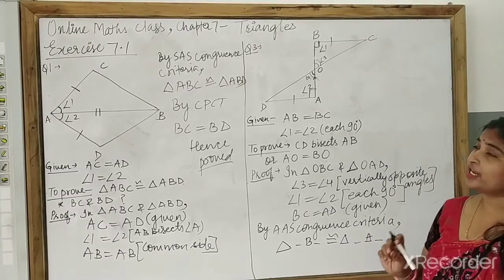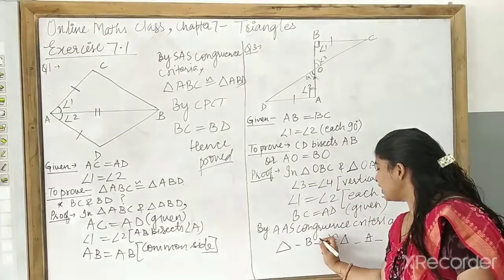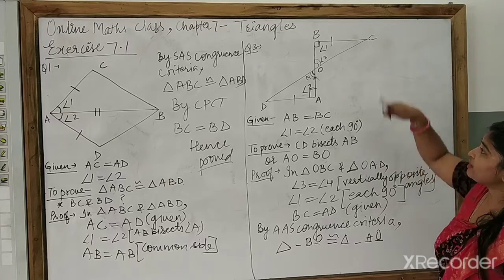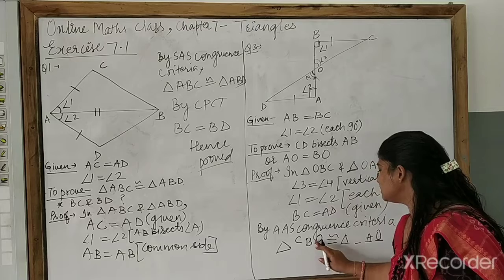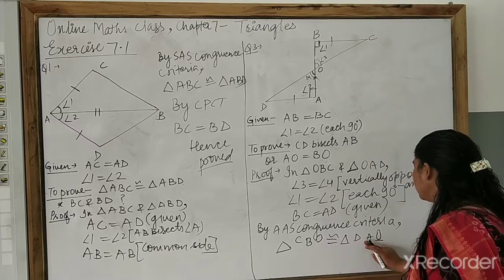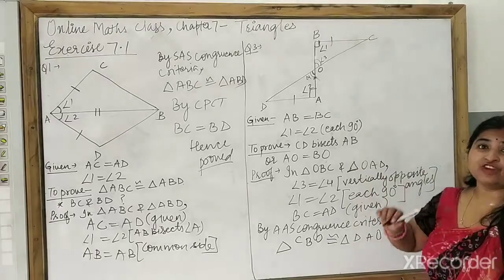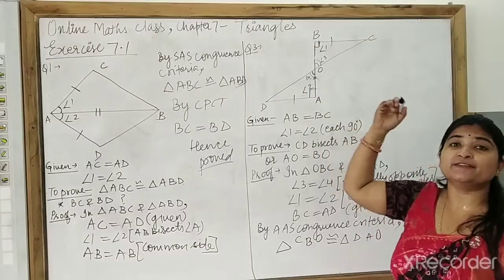Angle 3 is O, angle 4 is also O, so you can name O in the last. What is left now? C and D. So we will place C here. So triangle CBO is congruent to triangle DAO.